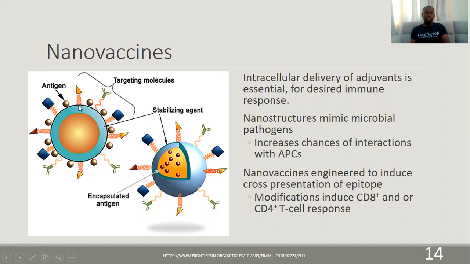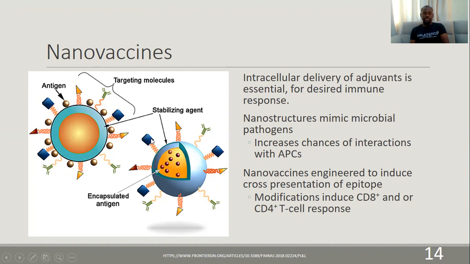We incorporate it on the surface if it is stable enough to thrive within the human body. And here we put, for instance, your protein vaccines and your DNA or mRNA vaccines, as they are unstable, so they cannot be put on the outside.